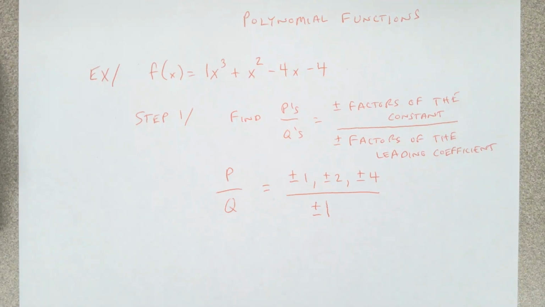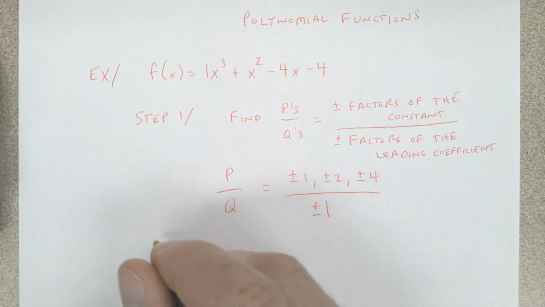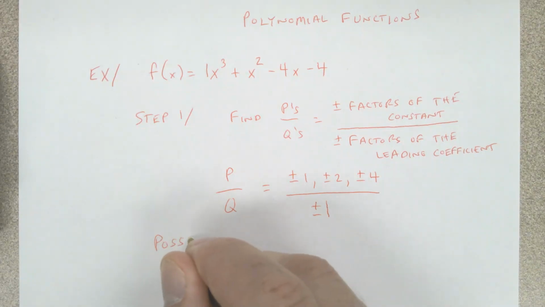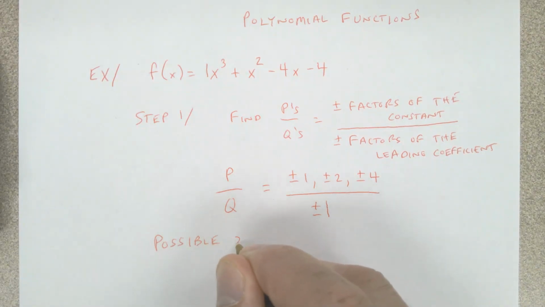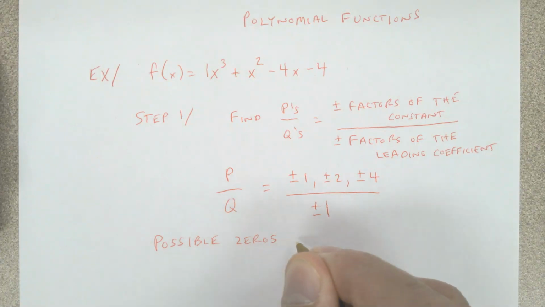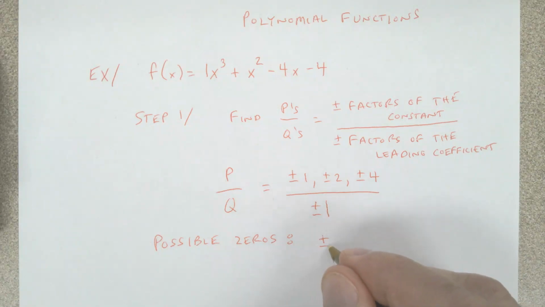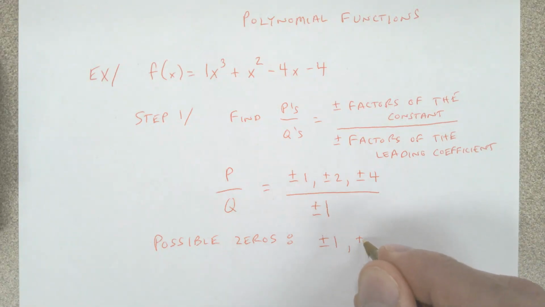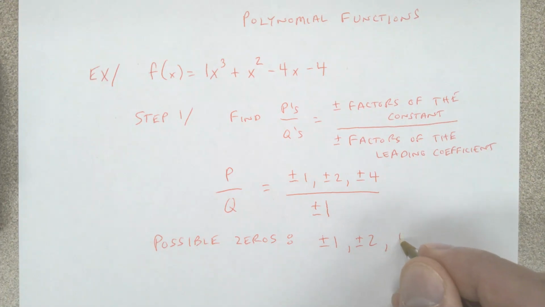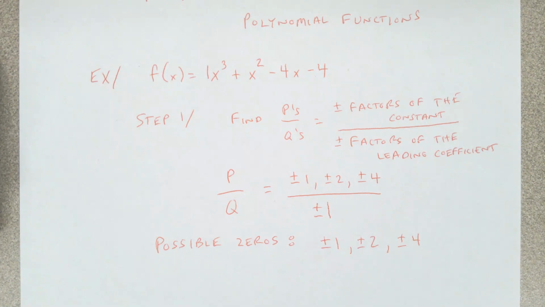So if we're listing the possible zeros, it's going to be plus or minus 1, plus or minus 2, and plus or minus 4. Now that is step one, just listing the possible zeros.